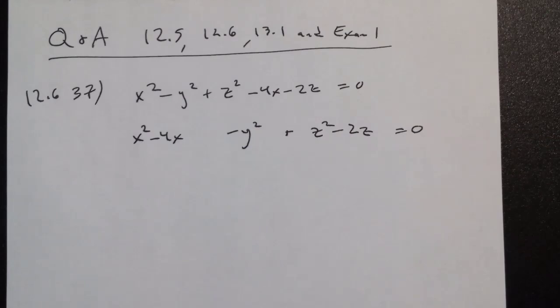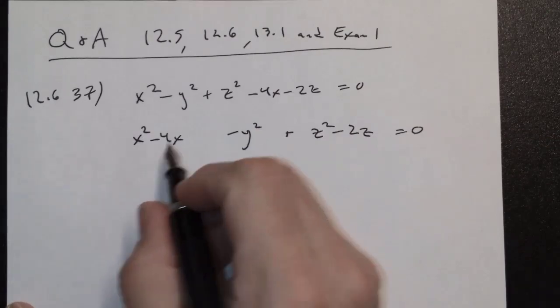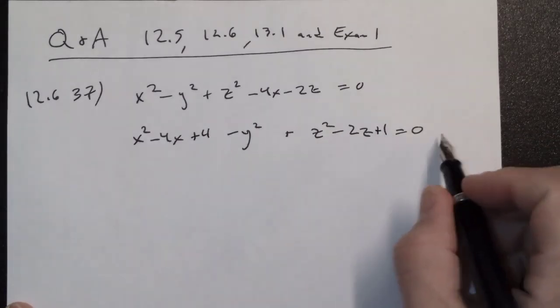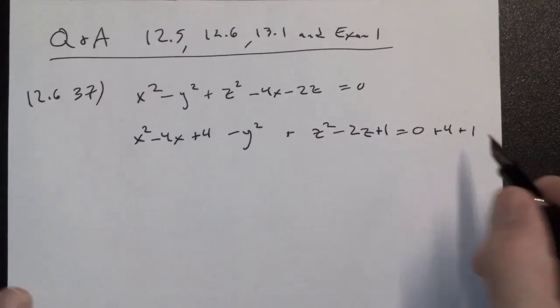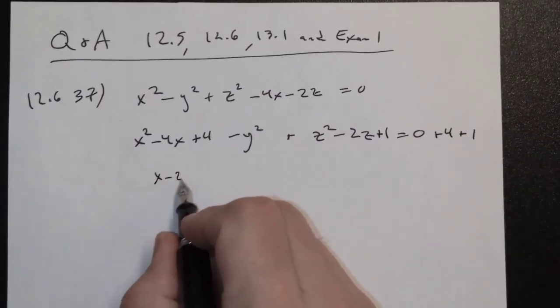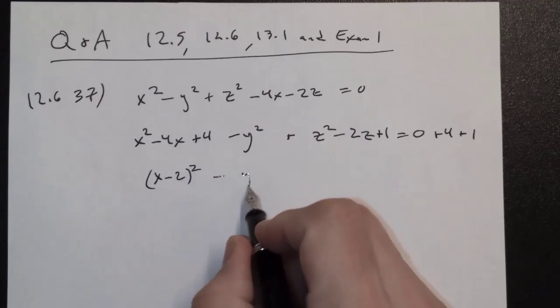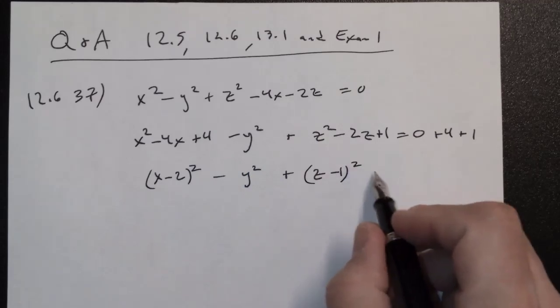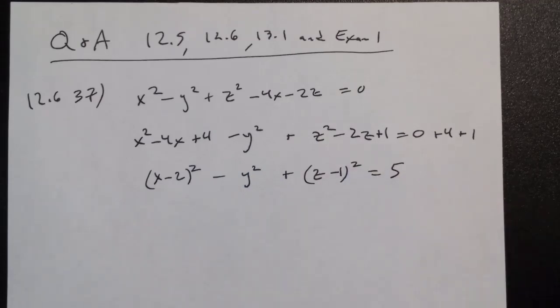But let's do x squared and z squared. Half the middle term squared is going to give me a plus 4 here, and a plus 1 here. If I add it to the left, I have to add it to the right. So I have x minus 2 squared minus y squared plus z minus 1 squared equals 5.